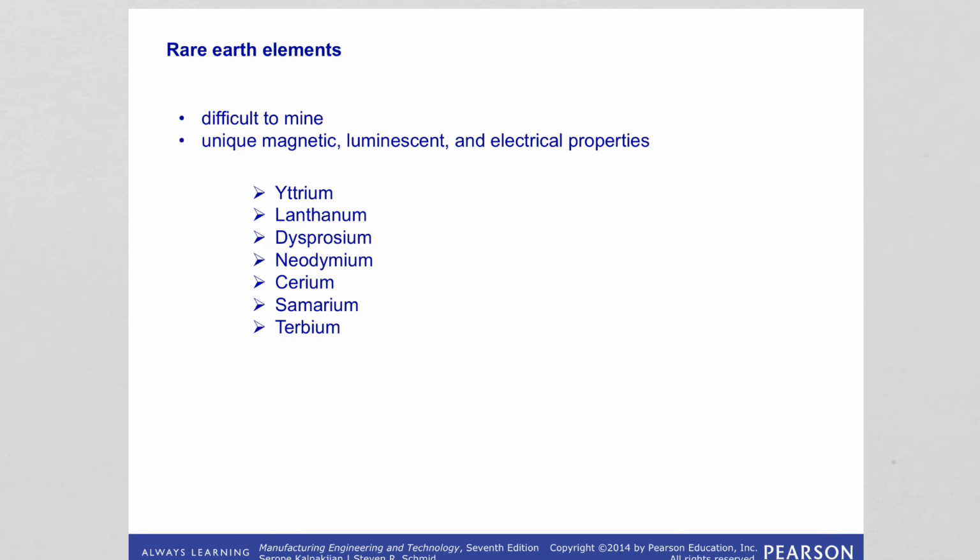Next is neodymium, which is used, together with iron and boron, to create the strongest permanent magnets known, such as the ones used where small but powerful magnets are required, such as in earphones and microphones.